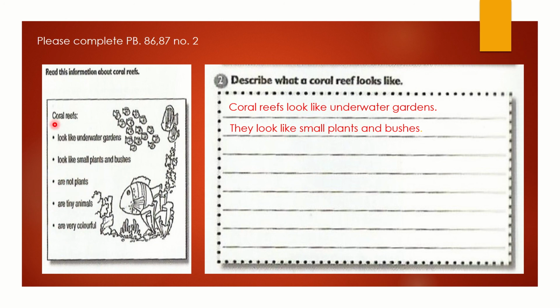We can write, corals are not plants. We can also write that they are tiny animals. And we can say that coral reefs are very colorful. Please complete this page in pencil so that when you receive your answer keys, you can check and correct if you were wrong.